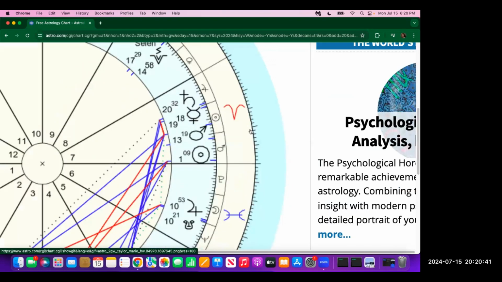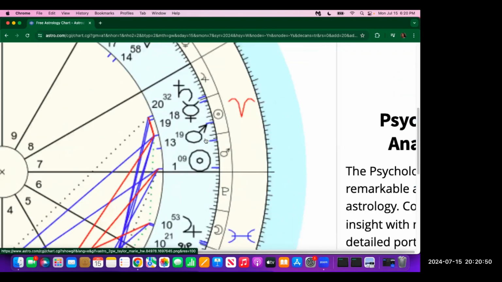So we'll go through the planets. If you are an Aries rising, that means that Mars is your chart ruler. You're going to want to look for this symbol right here. It's the circle with the arrow pointing out towards the northeast. You're going to want to figure out what house it's in, and I want you to write down what house it's in.